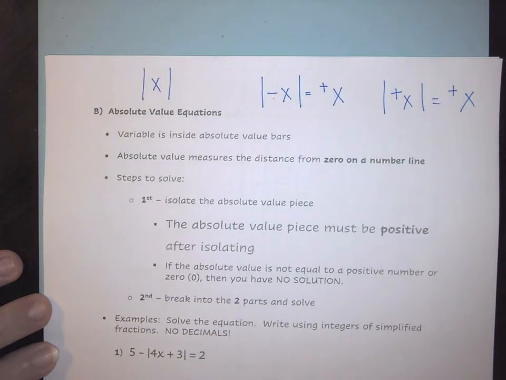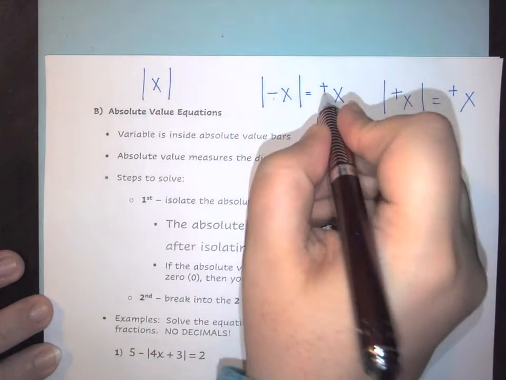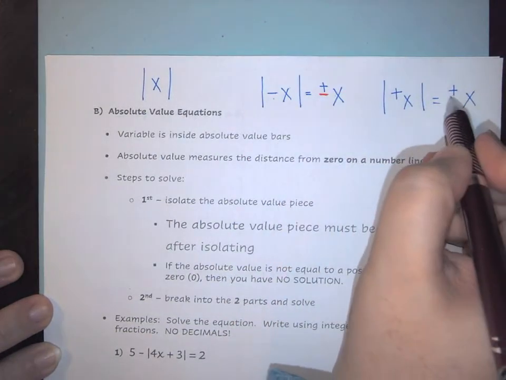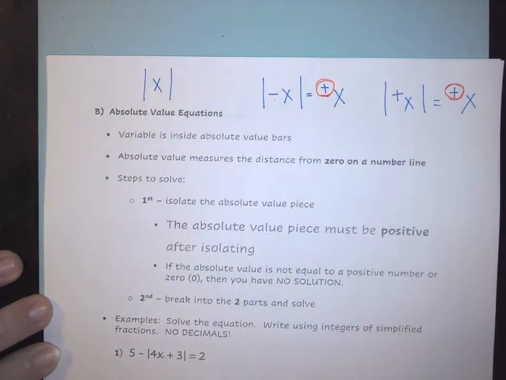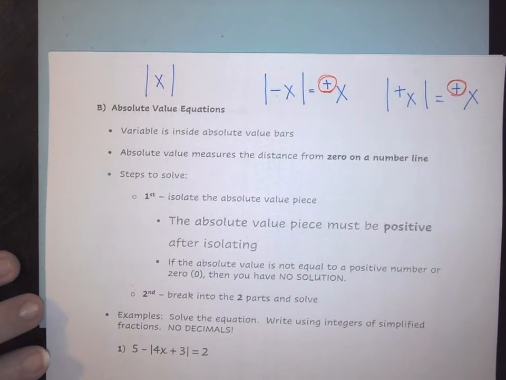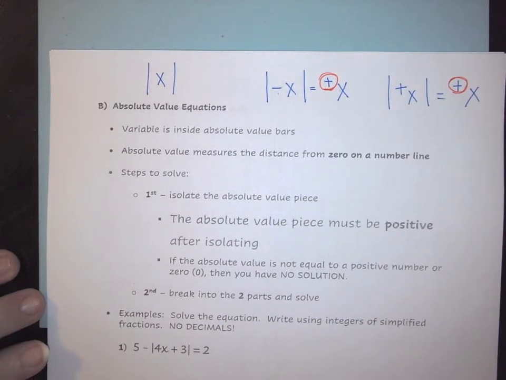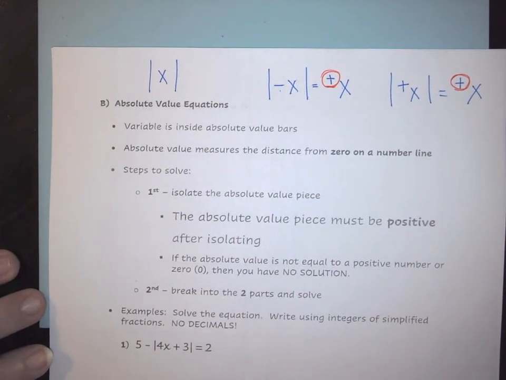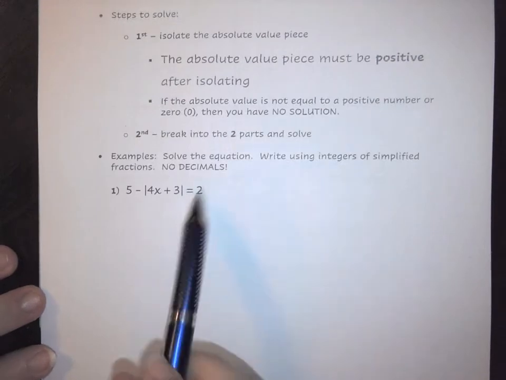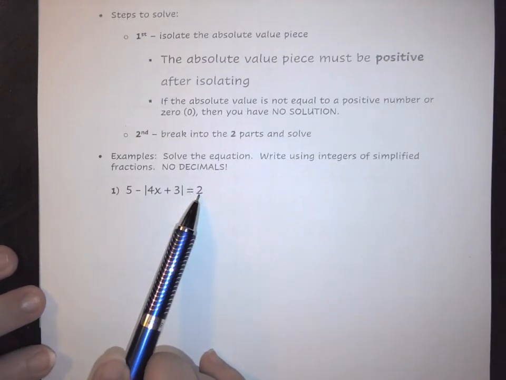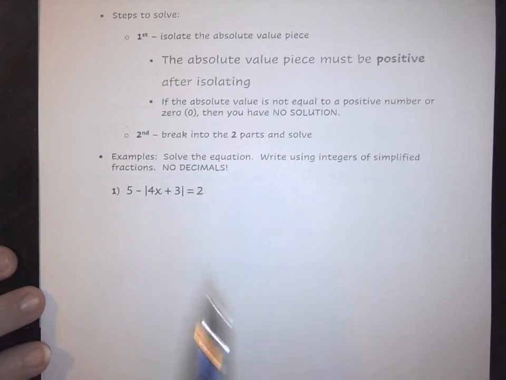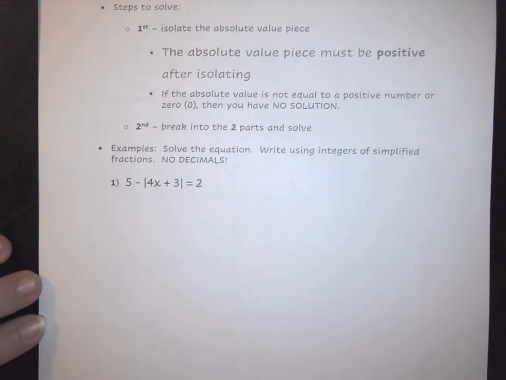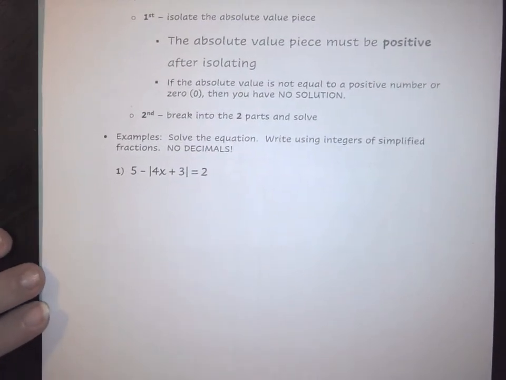This positive that each of your absolute values equals, think of it like mandatory. It's fact. Whatever you end up getting on the right hand side after everything is isolated must be positive. If it comes out negative, then your absolute value has no solution.